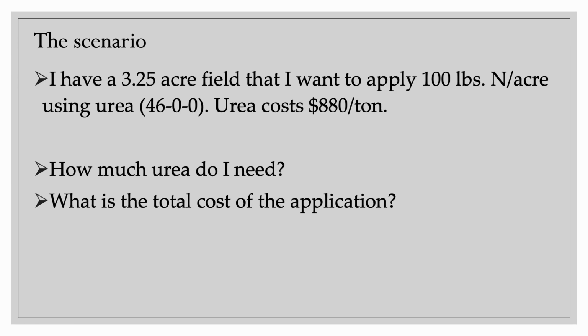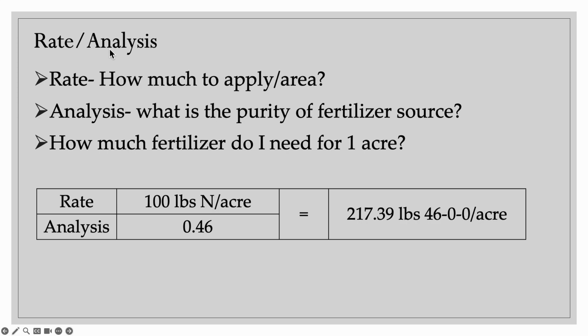The first thing we need to do is calculate how much fertilizer we need for 1 acre. The way that we do that is we calculate rate over the analysis. The analysis will always be a percentage, and typically I'll put that as a decimal.